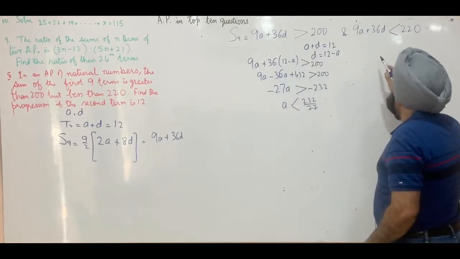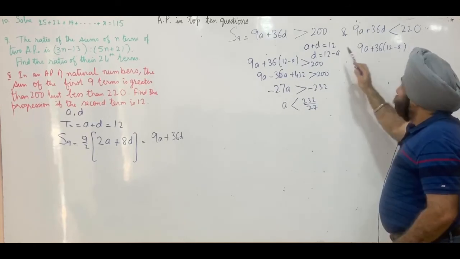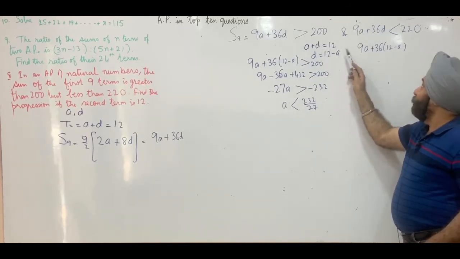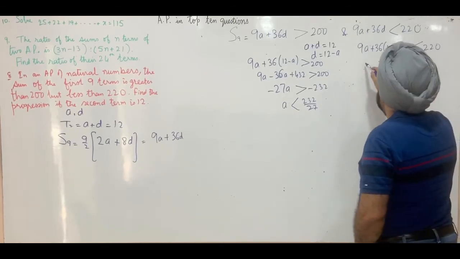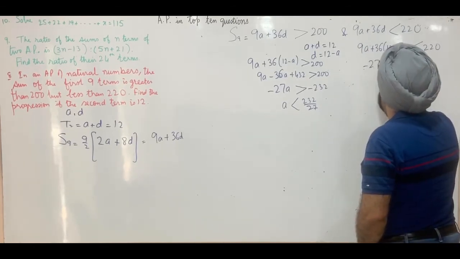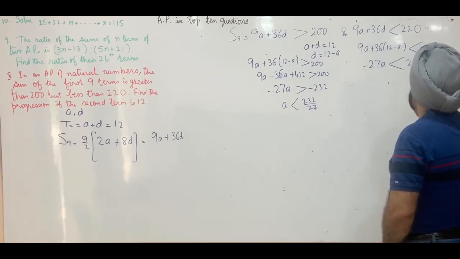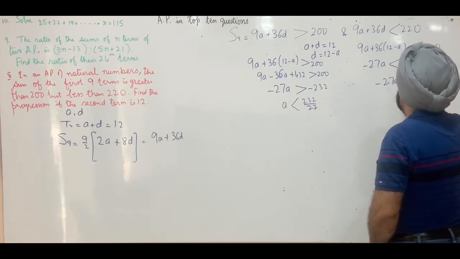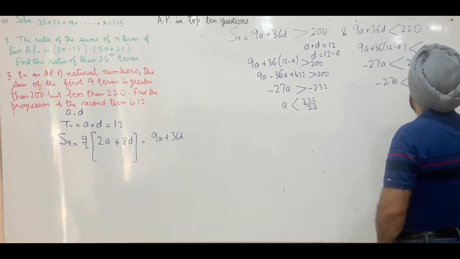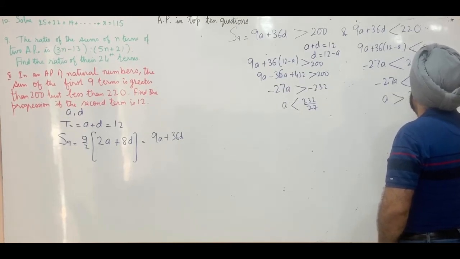And for this one, we get 9A plus 36 into (12 minus A), substituting the value of D equal to 12 minus A here. This is less than 220. So 9A minus 36A plus 432 is less than 220, which gives minus 27A less than minus 212, or A is greater than 212 upon 27.